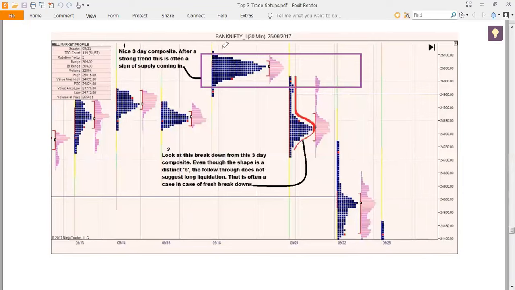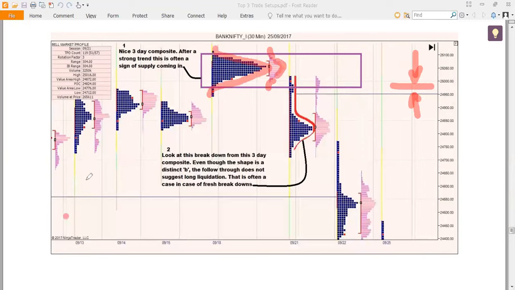So what happens here is that you have a nice 3-day composite forming a very prominent bell curve, nice volume profile, nice gradient at the ends and nice thick volume profile. So whenever such kind of a development is happening, what it means is that the sellers and the buyers are in balance.